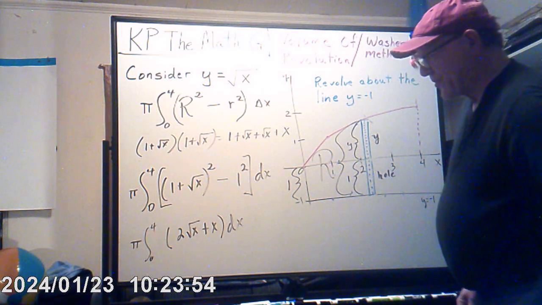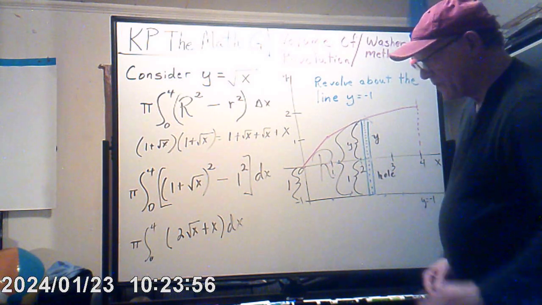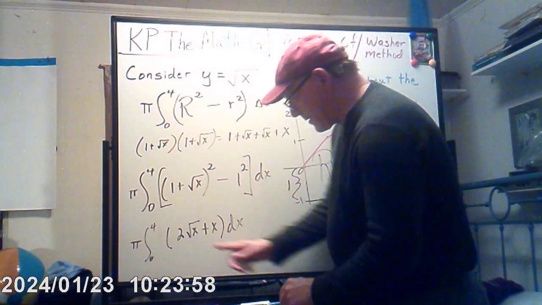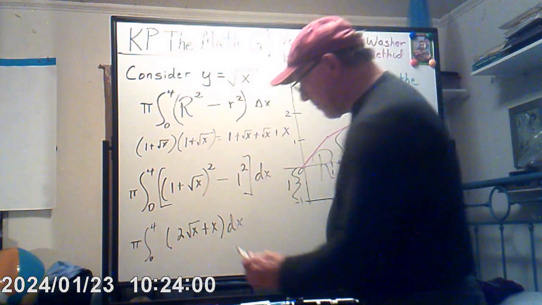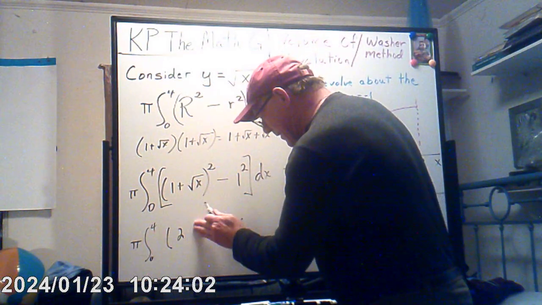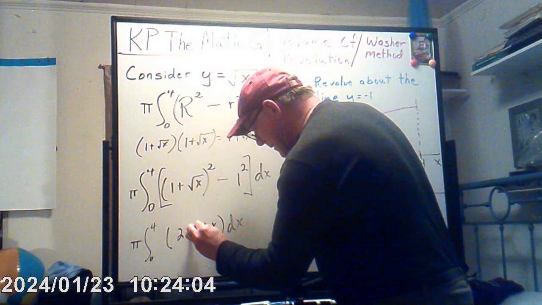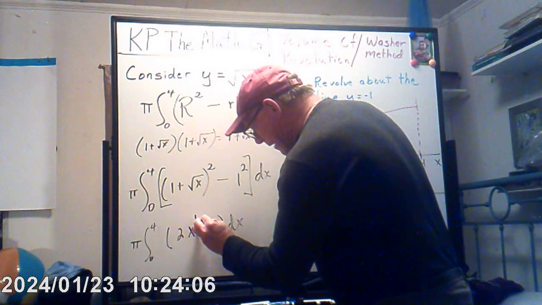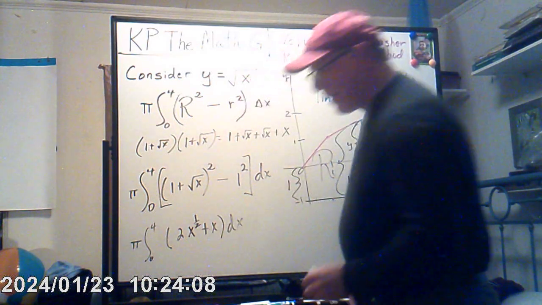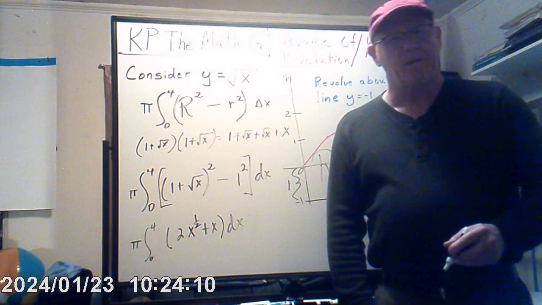Now, I want to rewrite this square root of x as x to the 1/2. Remember, the square root of x is x to the 1/2. I'm just writing it in exponential form.